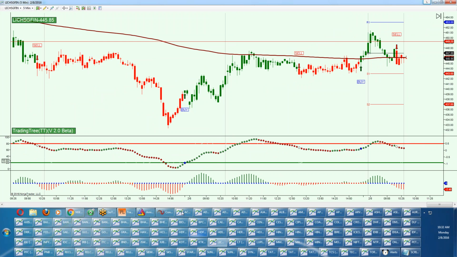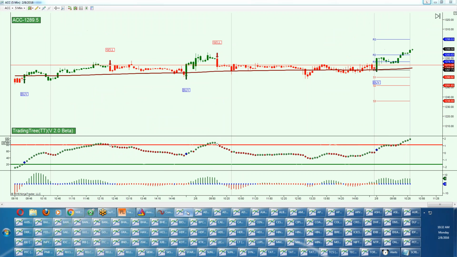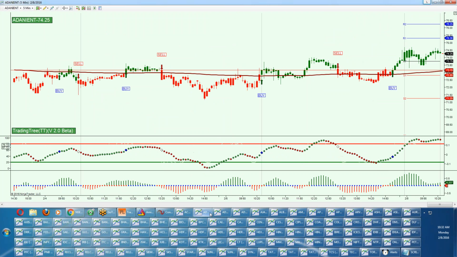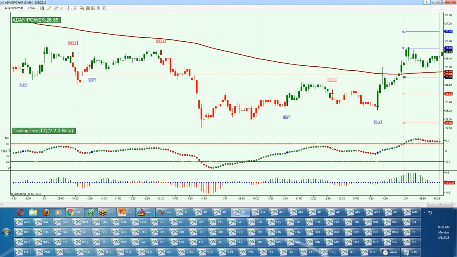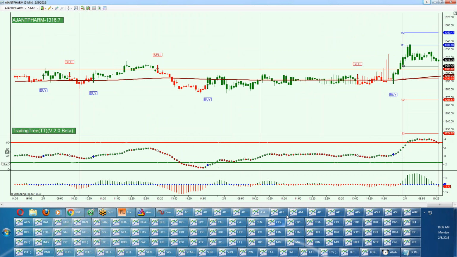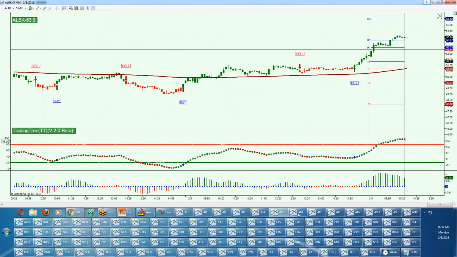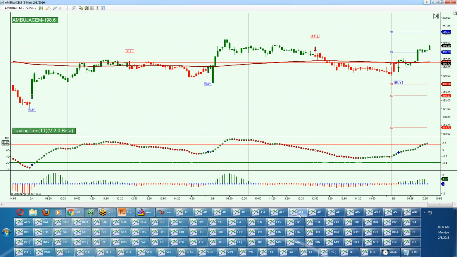So let's just check the trades that we have. ACC, the call has got triggered. Adani Power, you can buy it above 2670. Ambuja Cement, the call has triggered.